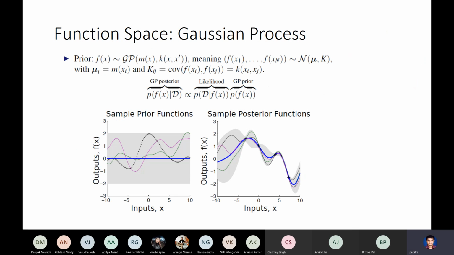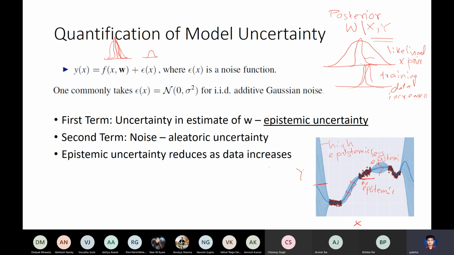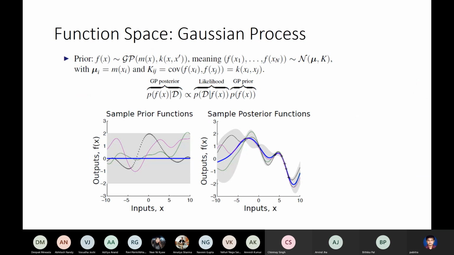Okay, so there is also another kind of view for this, which we have studied, the function space view of this regression. So your output, your regression line or curve or whatever, is a point in a function space, and the Gaussian process defines a distribution in the function space.